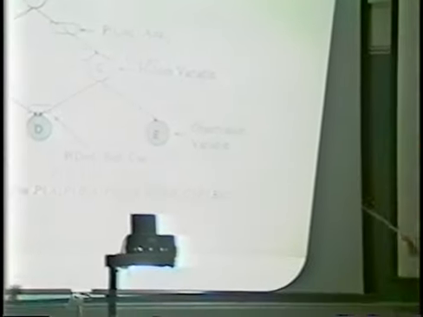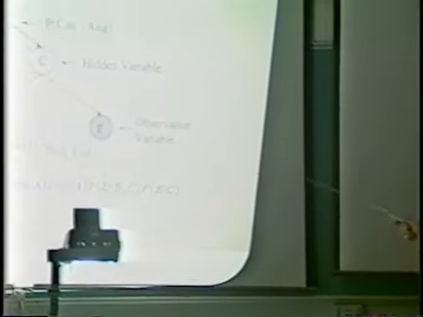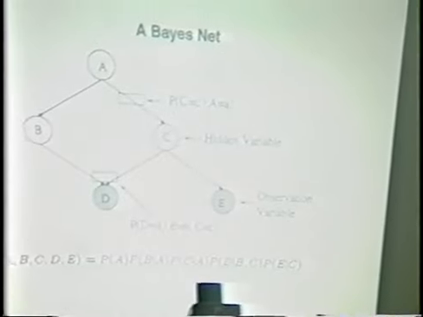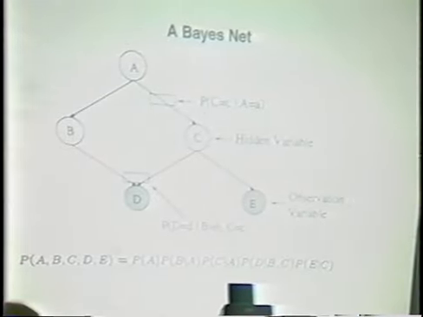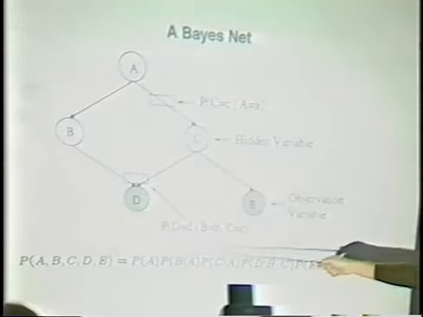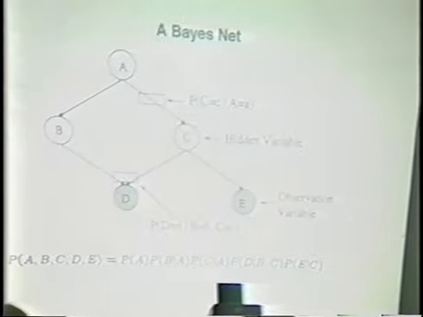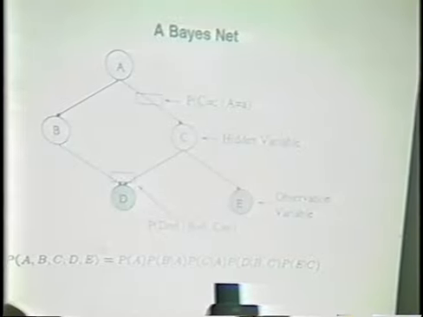The arcs in the graph specify conditioning relationships, and in that way a factorization of the joint probability distribution. So the joint distribution, probability of A, B, C, D, and E having some particular values, you can read off how that's factorized from the topological ordering of the variables in the graph.